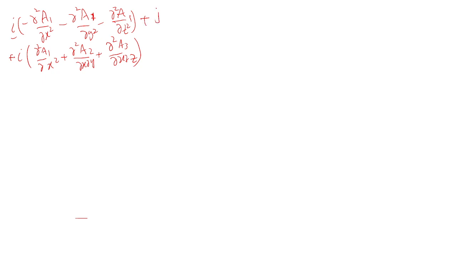Similarly for the j one, this is minus partial squared A2 by partial x squared, partial squared A2 by partial y squared, and minus partial squared A2 by partial z squared.